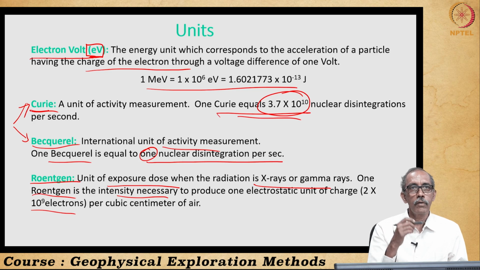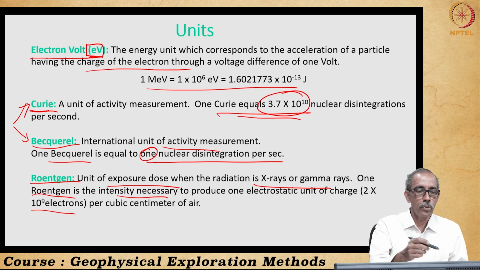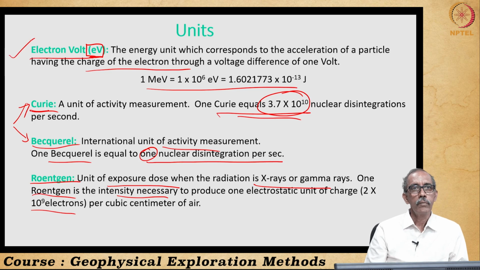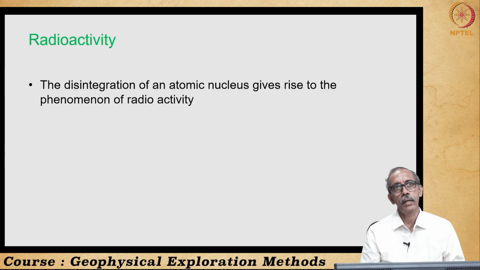Right? These are all the 4 units which are often used. Very often we use electron volt, one of the very popular units used in radiometric survey.